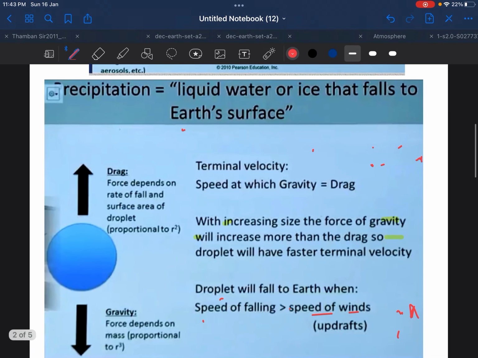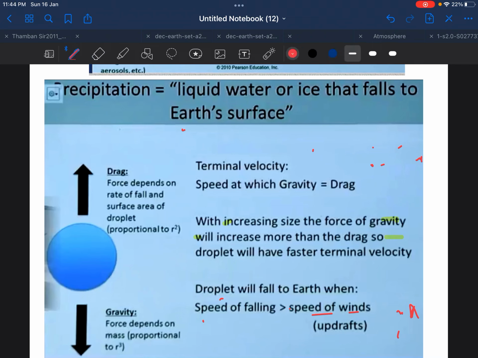During precipitation, liquid water or ice falls to the earth's surface, basically passing through different atmospheric layers, right? Now whenever a water droplet, which we assume is in a spherical form, starts falling down, G is acting downwards due to acceleration due to gravity.